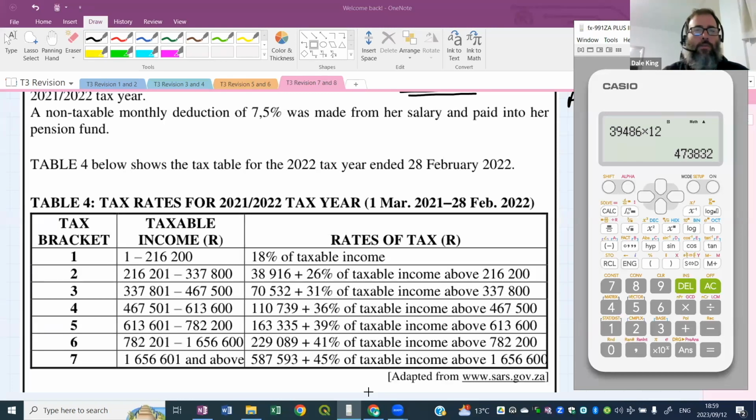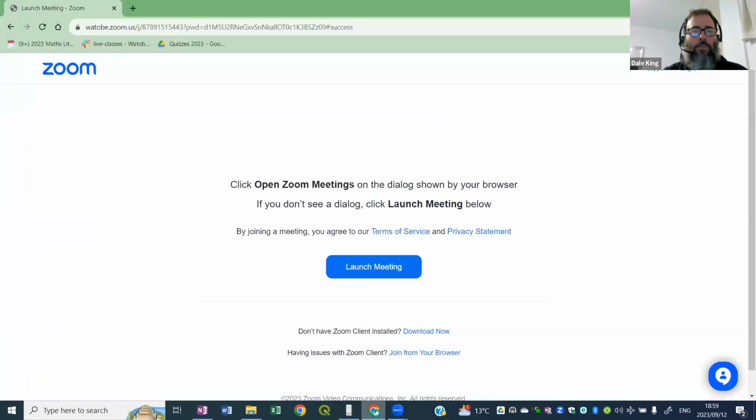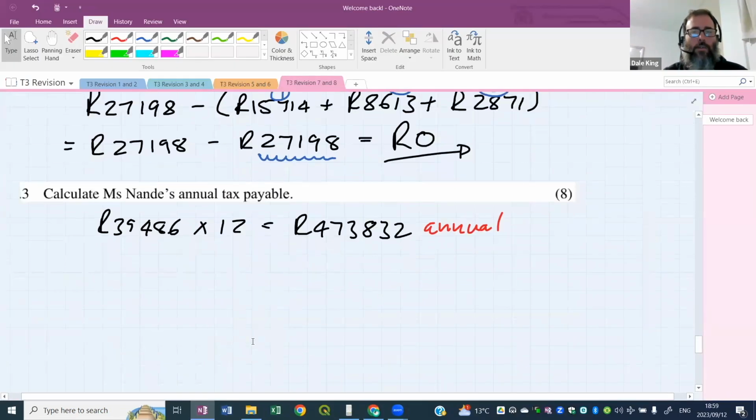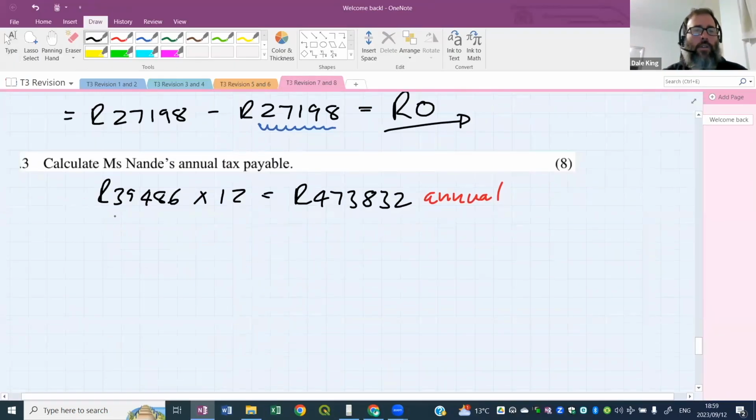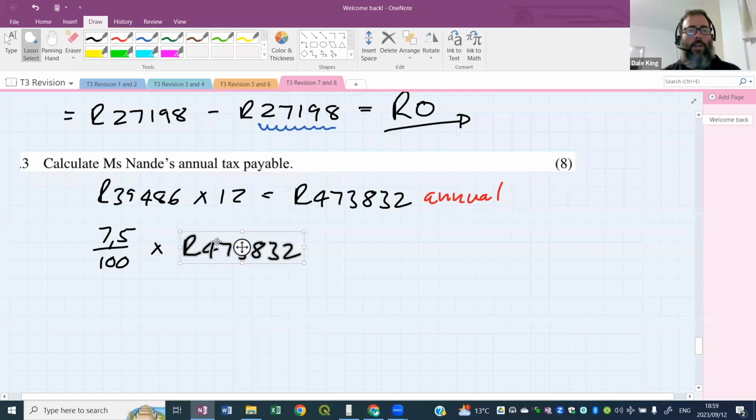So let's work out 7.5% of this annual value. Before we go to the tax table, 7.5% of this value, and we're going to do that on the calculator.